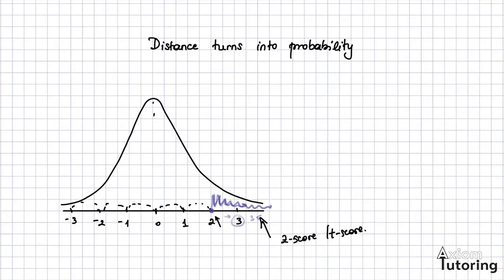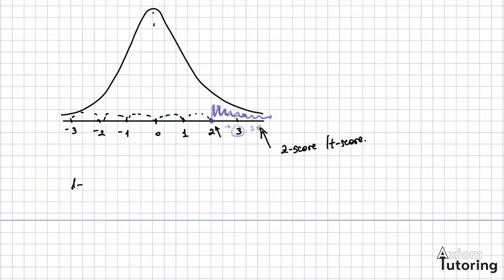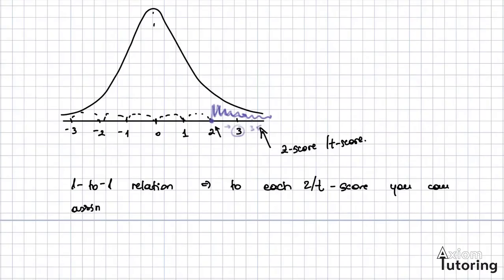So as you can see, there is a 1-to-1 relationship between the absolute value of a test statistic and the p-value. Meaning to each t or z-score, you can assign a p-value, because you can always look beyond that z or t value.